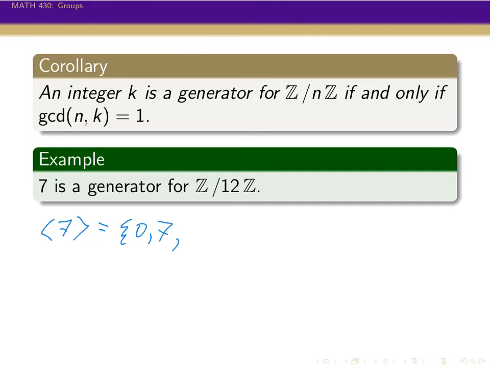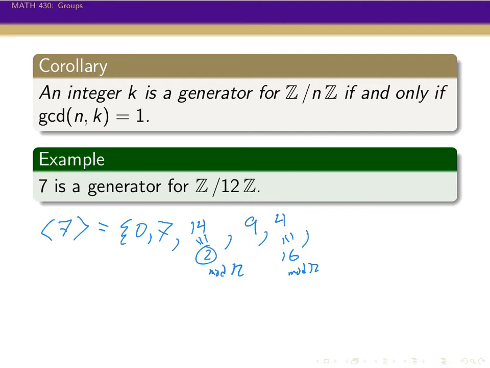If we add 7 again, we get 14, which is congruent to 2 mod 12. And then if I add 7 to that, I get 9. And then 7 plus 9 is 16, which working mod 12 gives us 4.